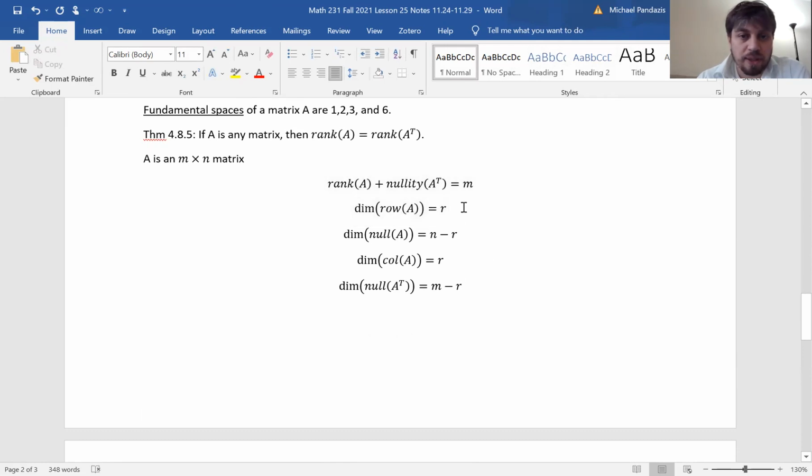So these 4 more after that one. Okay, so those are more equations about the dimensions of those spaces.